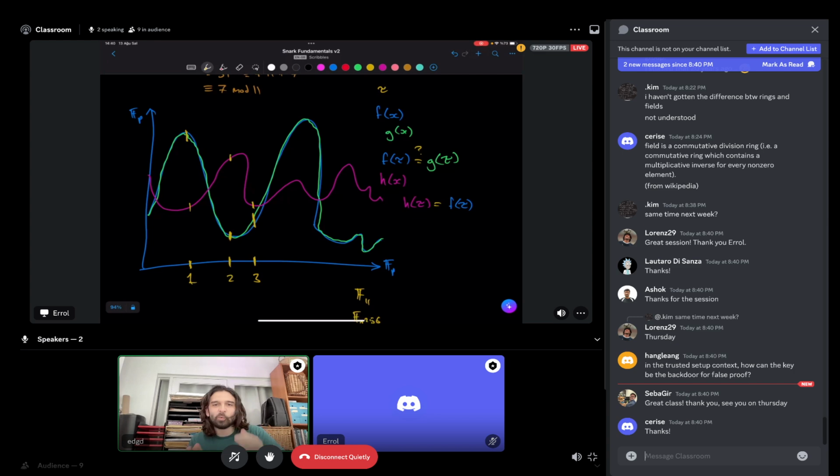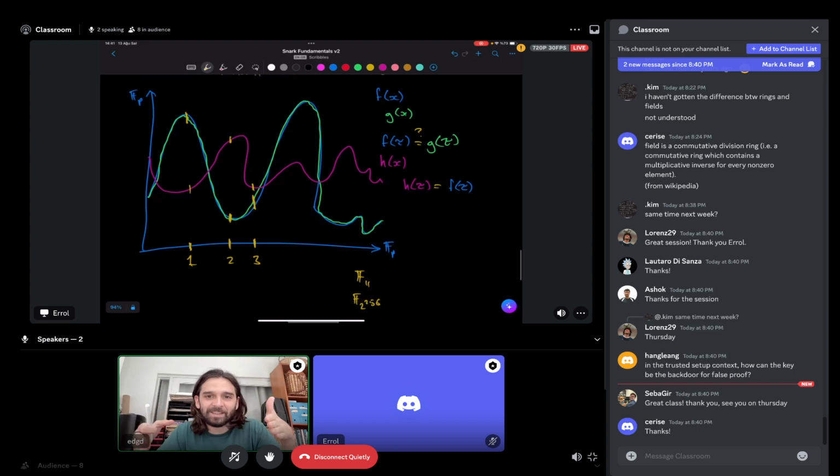In this Schwartz-Zippel scenario, we do our test at the end by checking whether our polynomials have the same value at some random number tau, right? And we don't know where tau is, it could be anywhere.